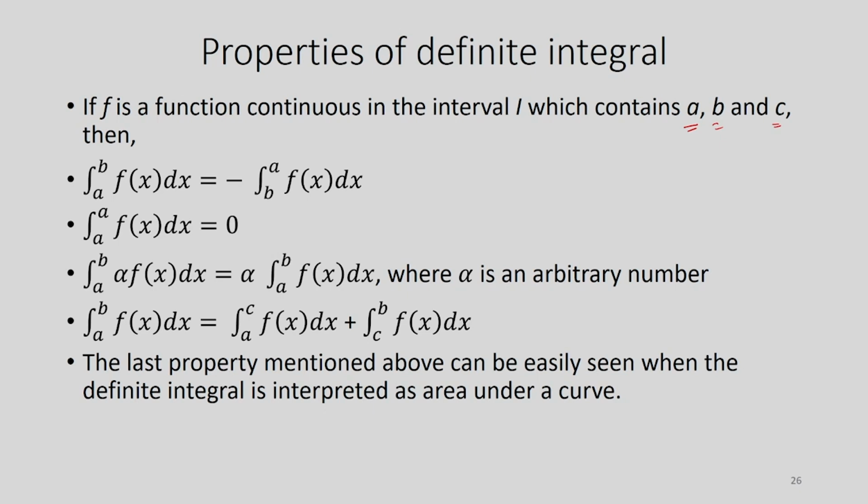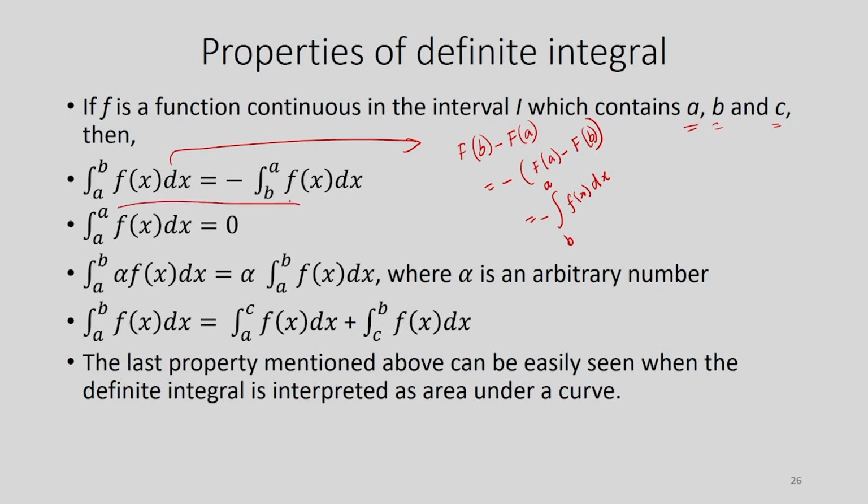And this is not very difficult to see, because what we are going to get from here is F(b) minus F(a), assuming that F prime of x is equal to small f(x). And you can write this as F(a) minus F(b). And what is this? This is b to a f(x) dx. So, that is why you are going to get this particular property.